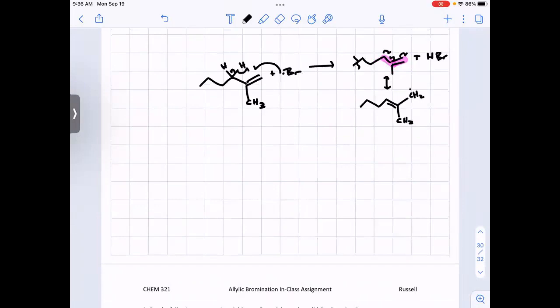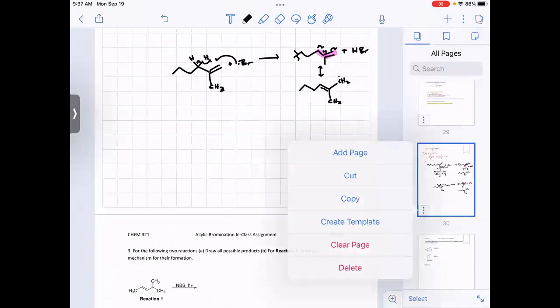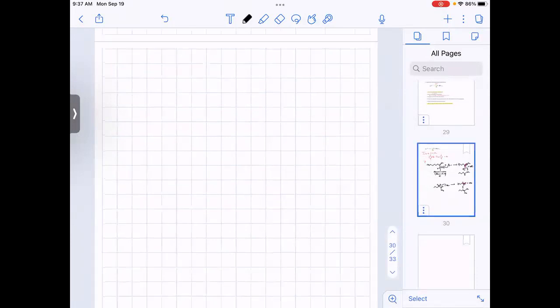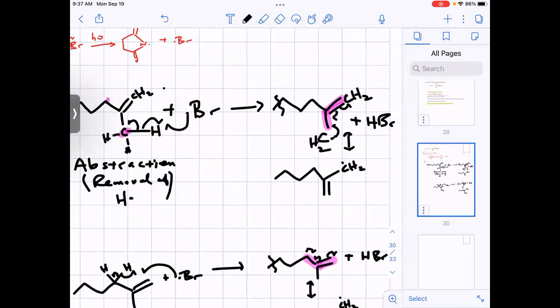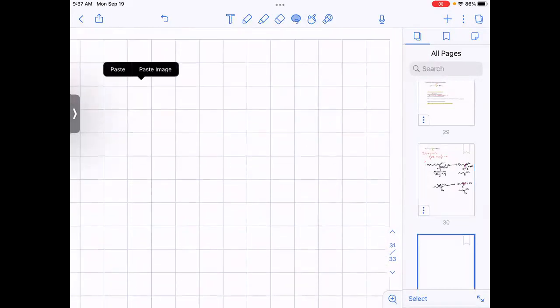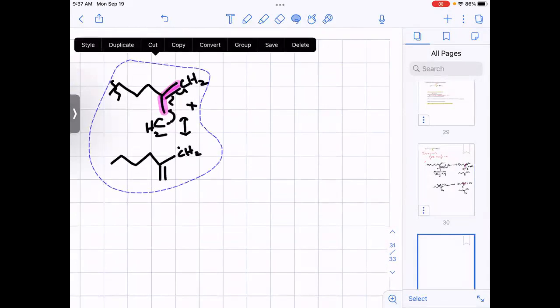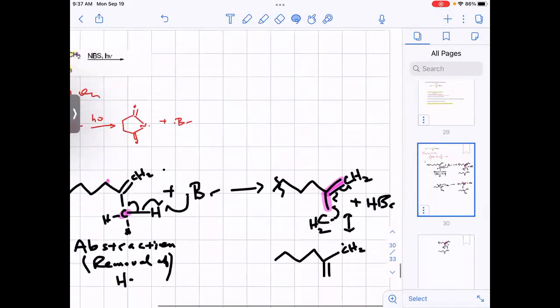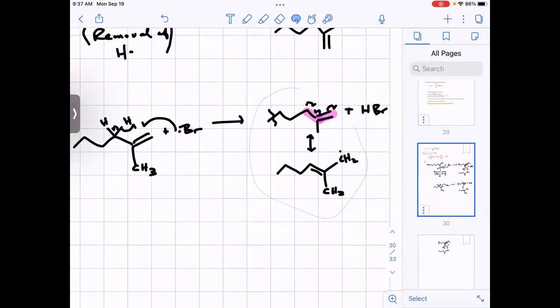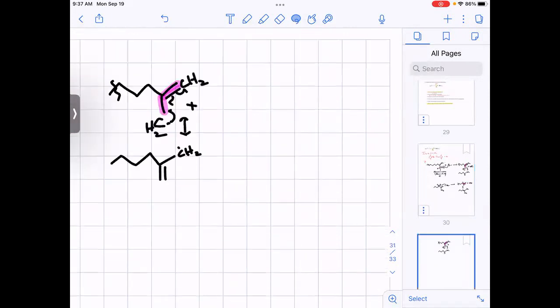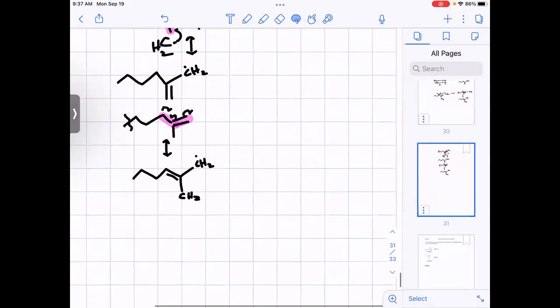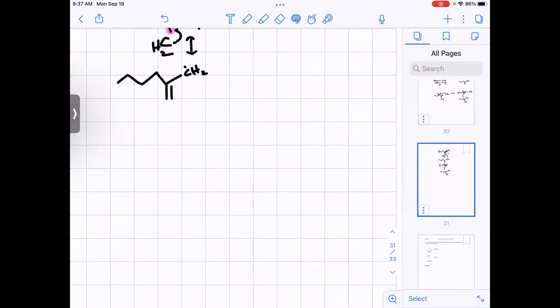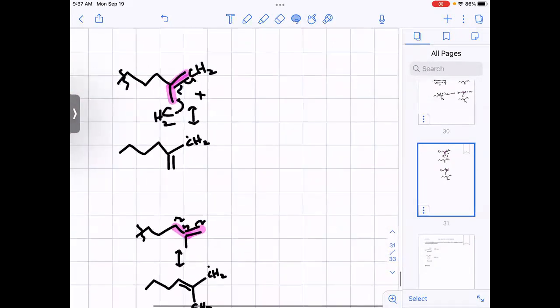Let's add another page. We'll do the termination step. Copy these. Clean this up.